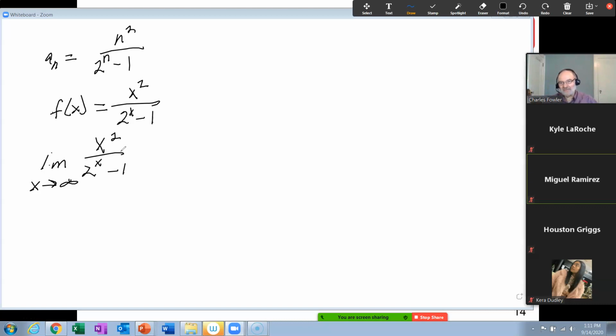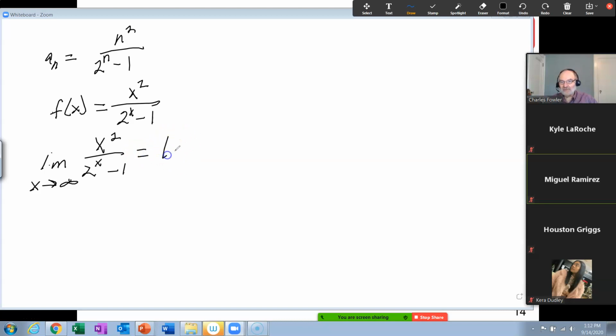Subtracting 1 is not going to make a lot of difference, but which is winning? If the numerator is winning, it's going to infinity. If the denominator is winning, the odds are it's going to 0. Well, what do you do when you have an infinity over infinity? Just like a 0 over 0, use good old L'Hopital's rule.